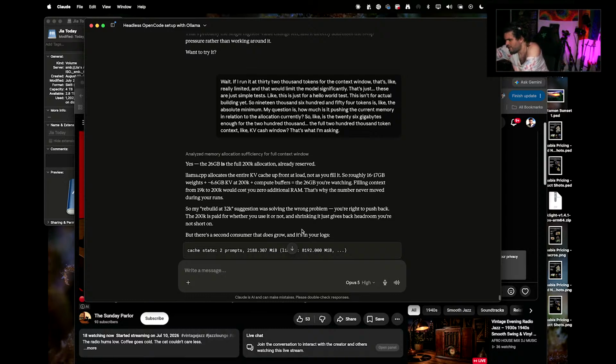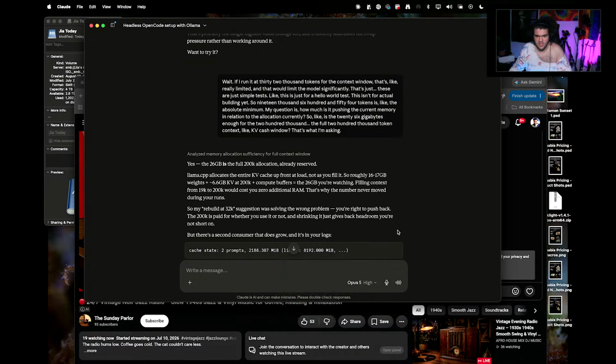I'd be surprised if these batteries were already almost dead. Oh yeah, they're low. Wow. Let's see. Is it the mouse or is it the... Yeah, dude, it was the batteries. Holy shit.